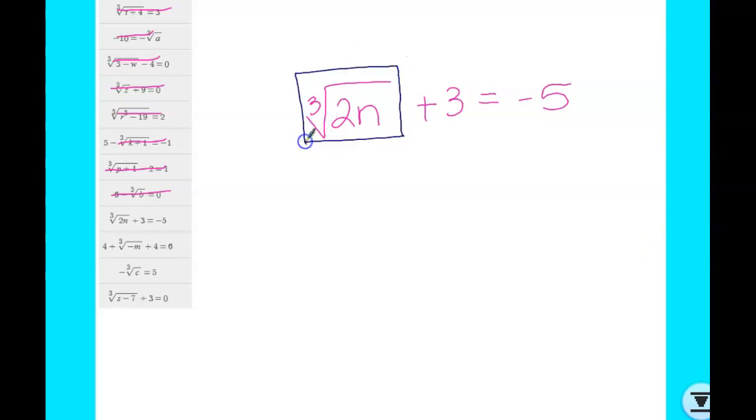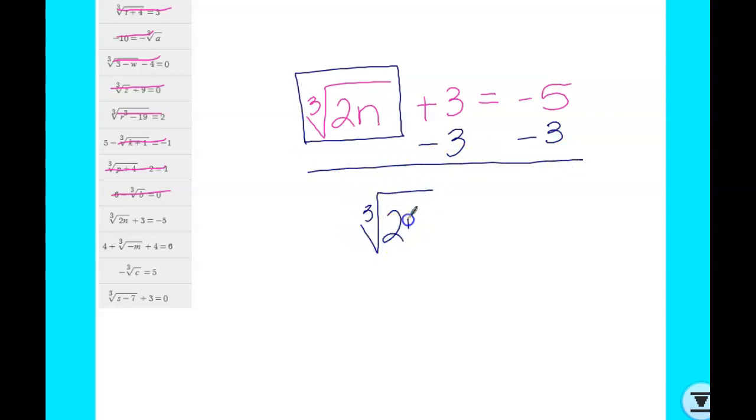Next one is the cube root of 2n plus 3 equals negative 5. Again, first step is we want to get this one alone on this side, so we're going to subtract 3 from both sides. And we're going to get the cube root of 2n is equal to negative 8.